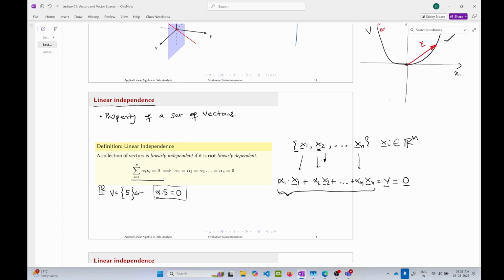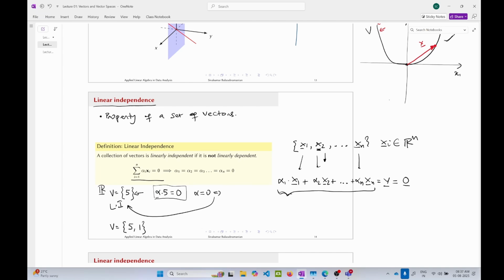There is no other alpha that I can choose that will equal 0. That means alpha has to be 0, so this set is linearly independent. The set that I have with just one element, 5, is linearly independent.